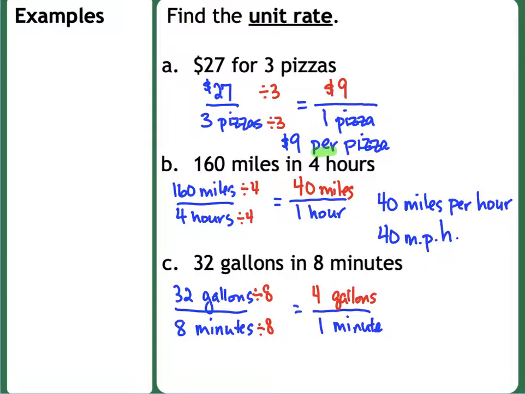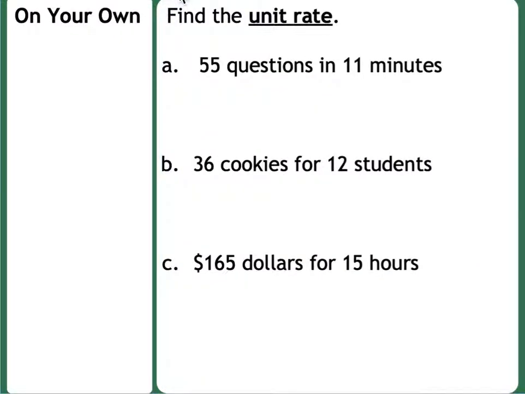So my final answer is 4 gallons per minute. I can't stress enough this phrase per, okay? Make sure that that is in there. That per means essentially that it is for 1 of whatever unit you have here. Alright, so go ahead and try that on your own.